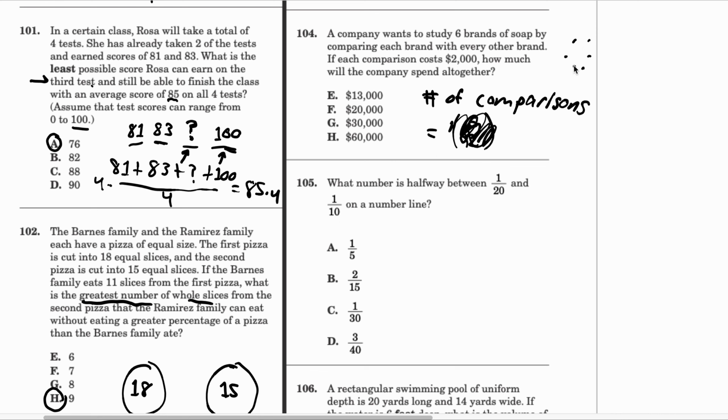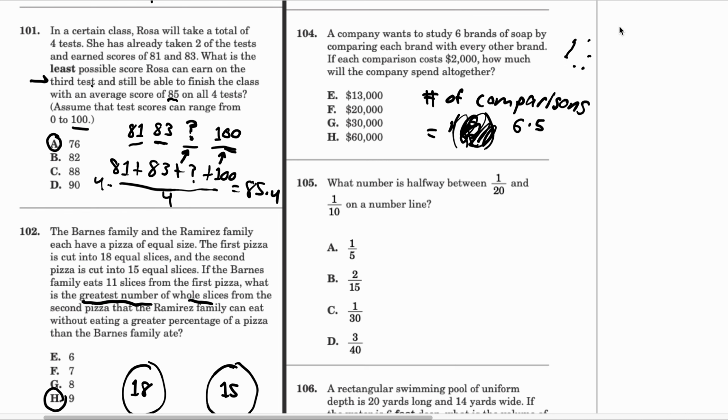And we want to make a comparison with each and every brand with each other. So this is one comparison here. And so basically if we have 6 soaps, each one of them is being compared with 5 other soaps.